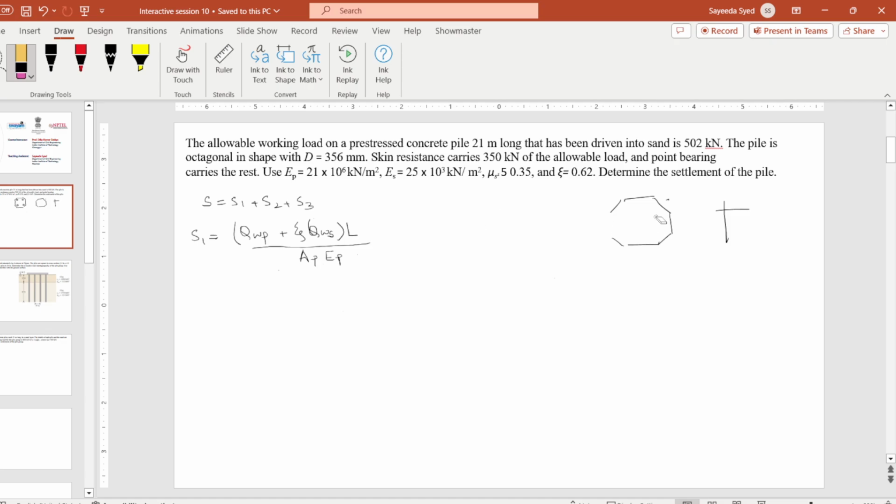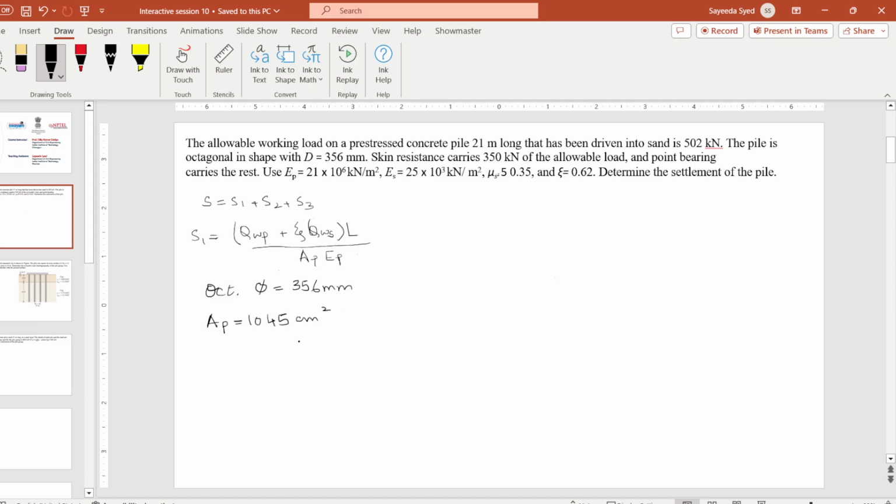I will just provide you with the information on the elastic modulus as well as the area of this particular section, an octagonal section with a diameter of 356 mm. For that we have an area of 1045 centimeter square.